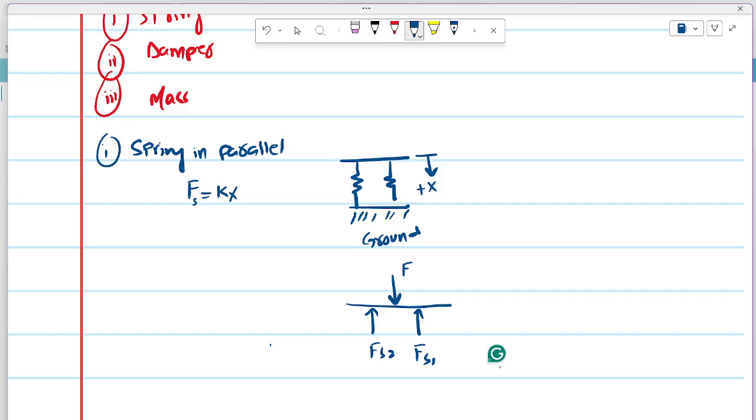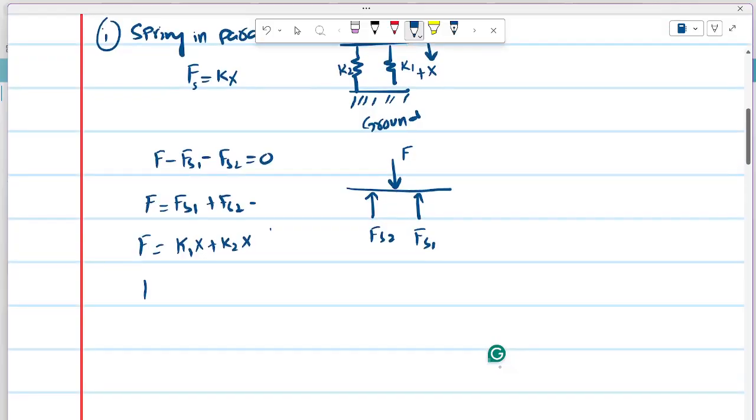So we define that towards the bottom is the positive x-axis. This force is going towards the bottom, so it is positive: F minus Fs1 minus Fs2. Since the system is in equilibrium, this is equal to 0. There's no unbalanced force. Or you can call it F equals Fs1 plus Fs2, and then substitute the spring forces, k1 for spring 1 and k2 for spring 2: k1x plus k2x.